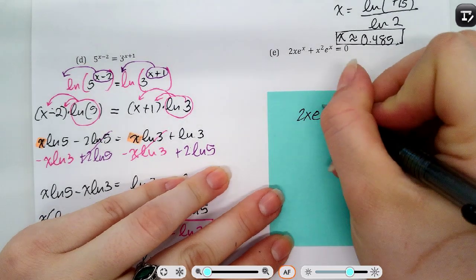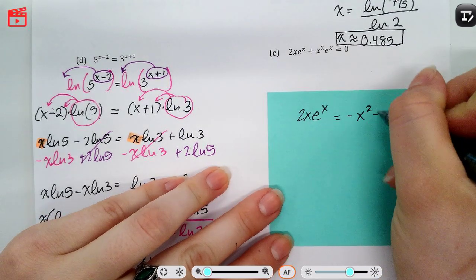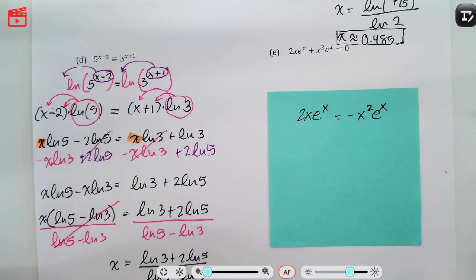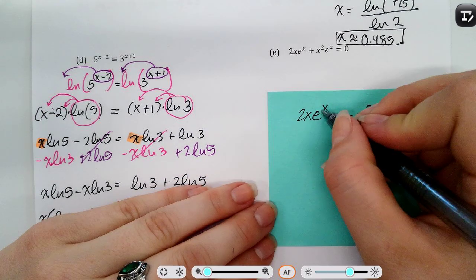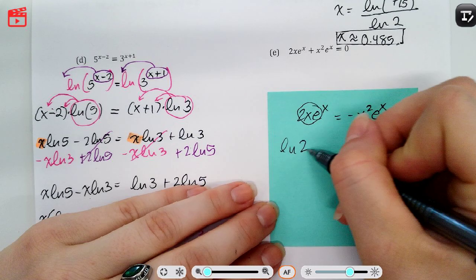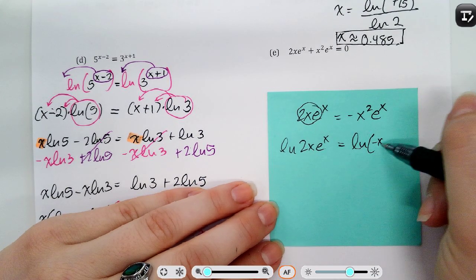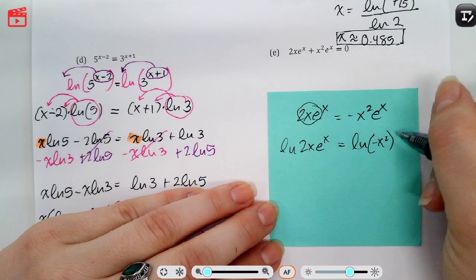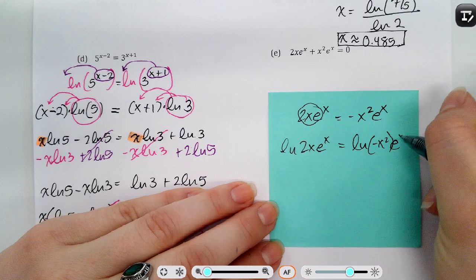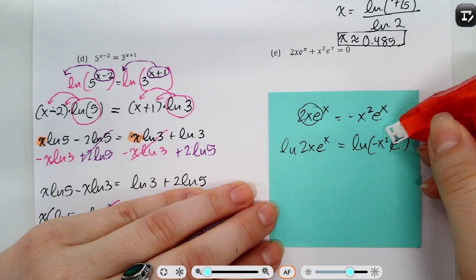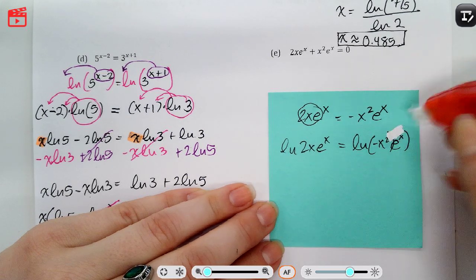So I could do 2x e to the x equals negative x squared e to the x. But doing that, I want to use that exponential property when I take the natural log of both sides. And then negative worries me there too. Oops, e to the x. So I'd want to use that. Oh, and here's, of course, white out on a blue sticky note. Doesn't work very well, does it?